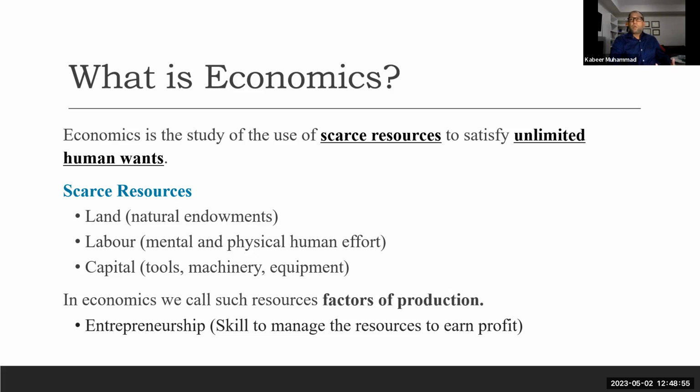So that's entrepreneurship skills, and it varies from person to person, organization to organization, but it is required that you have that skill, that you can use these resources to generate profit. So these are the factors of production or resources. In economics, we define it.